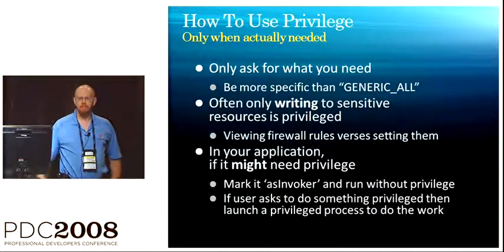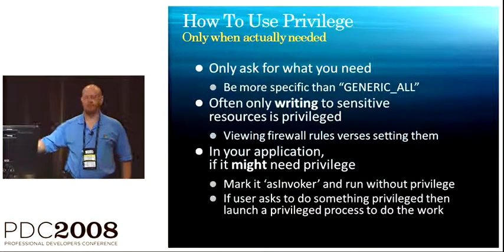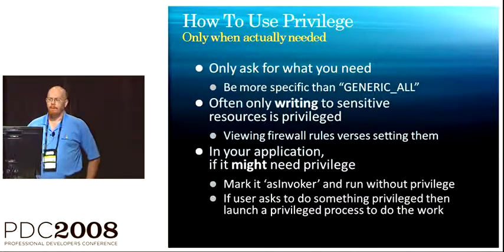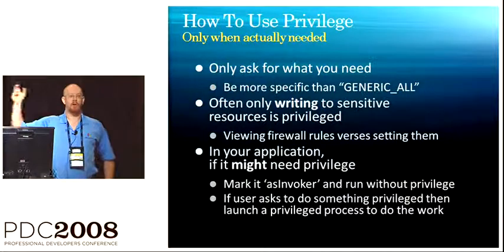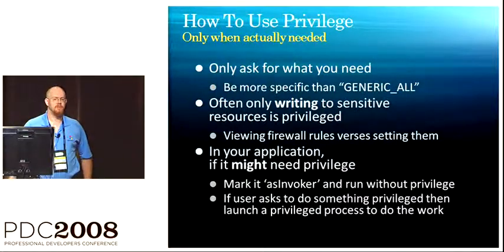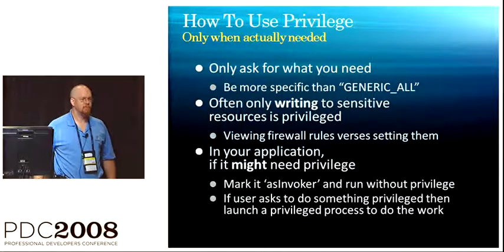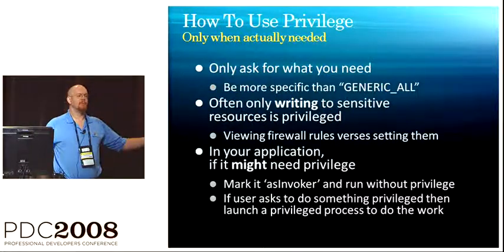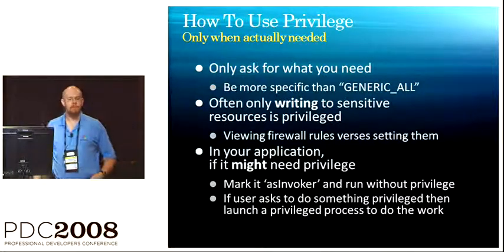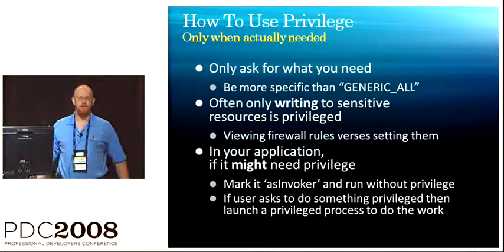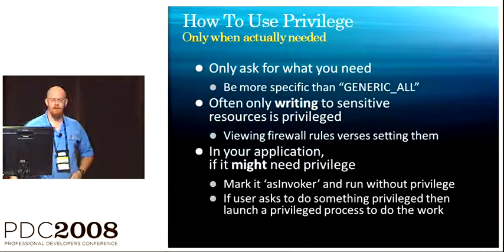How to use privilege. Only get it when you actually need it. There's lots of operations where if you specify generic all rights for some resource that you asked for, that will trigger privilege. But if you just said read only, hey, we'll let you read without privilege, no problem. It's only if you need to change system resources quite often that it will trigger a privileged operation.